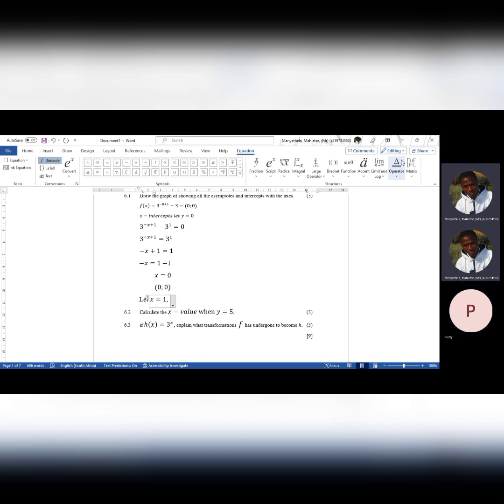In the equation, we have 3 to the exponent negative x, which in this case will be negative 1, plus 1, minus 3.